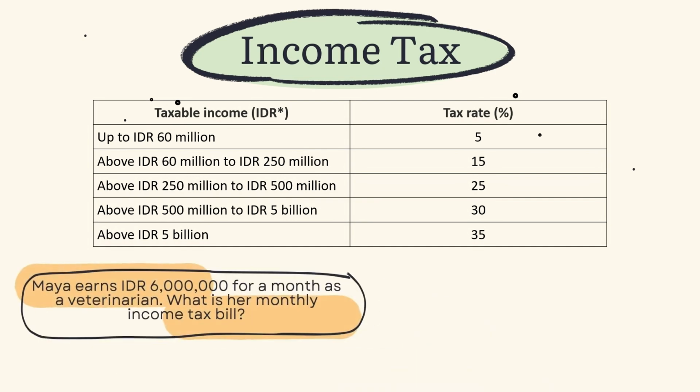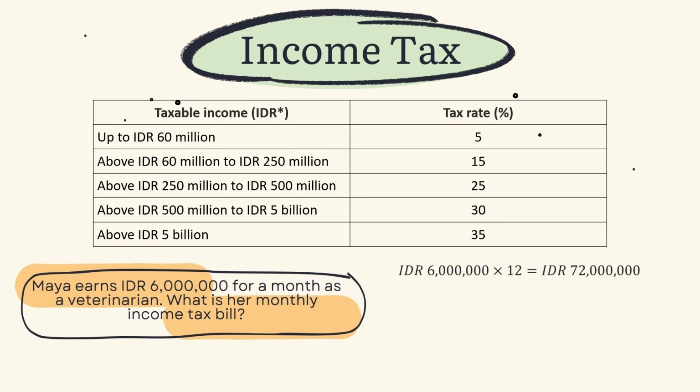Okay, for example, Maya earns 6 million Indonesian rupiahs for a month as a veterinarian. What is her monthly income tax bill? So to calculate this, first we have to find how much Maya earns in a year.